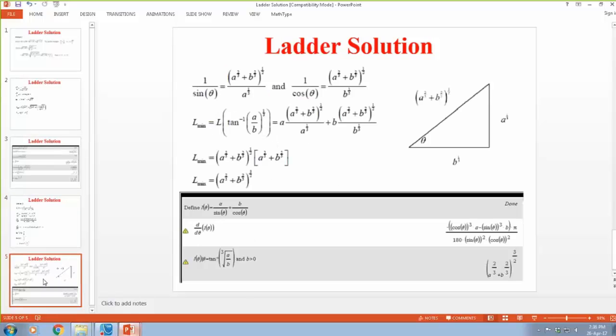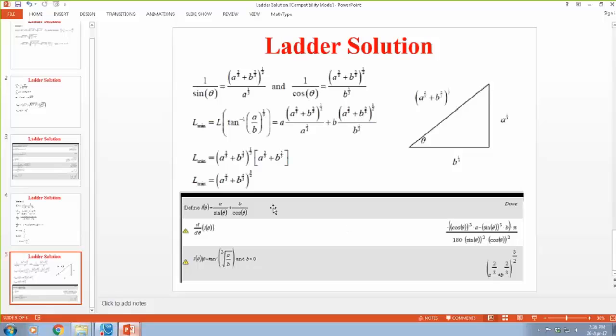In the calculator, if we define L of theta to be a over sine theta plus b over cos theta, differentiate that and set it equal to 0, the calculator won't solve that equation because it's got a's and b's and thetas involved. But if we substitute the value of theta in, once again we come up with the same value, a to the 2/3 plus b to the 2/3, all to the 3 on 2.